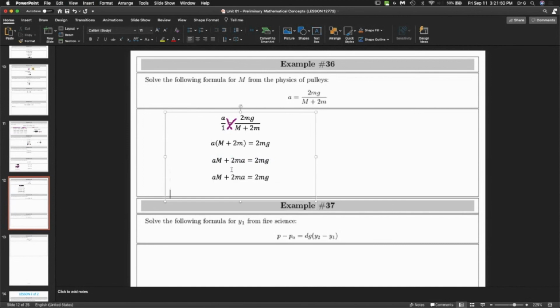So anything that's not a big M has to go to the other side. So this guy over here, he's got to go over here, and he's going to become negative. We're almost done the question. That's good news.